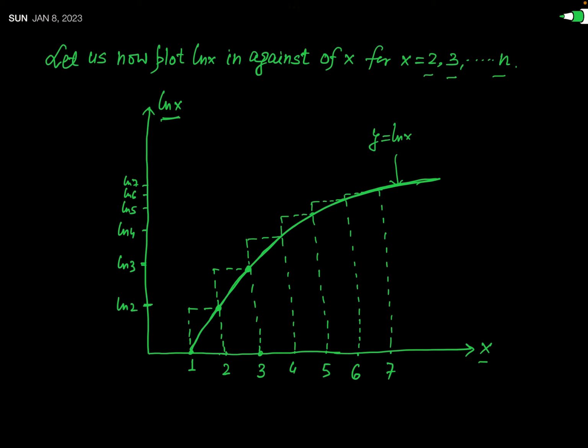Okay. Now, you can see these dotted lines. If you want to find the area under this stepped curve, a stepped curve means you have to find the area under this curve which I am marking here.